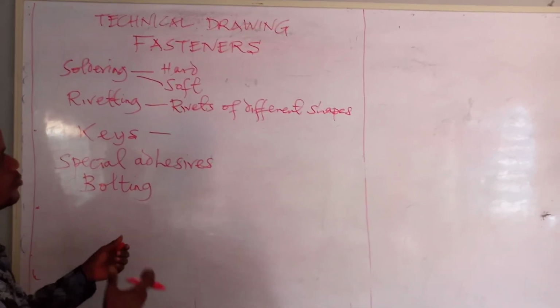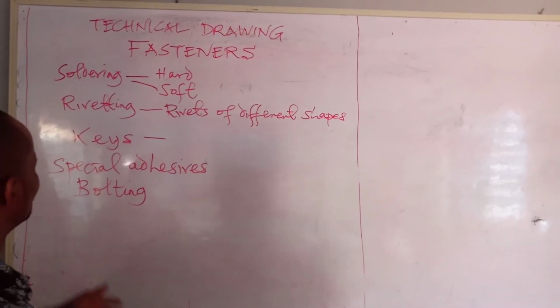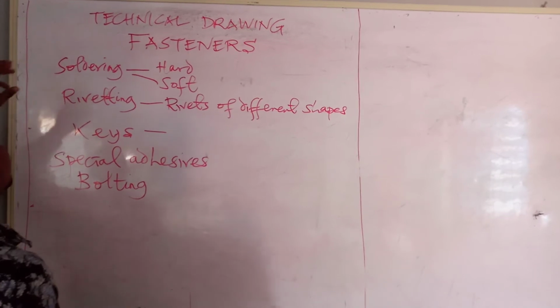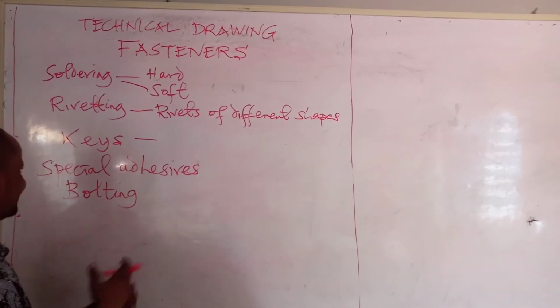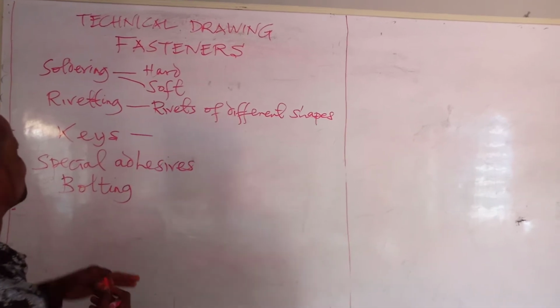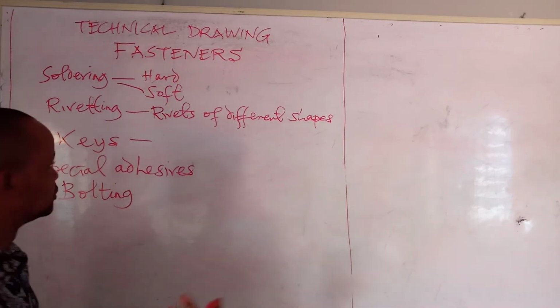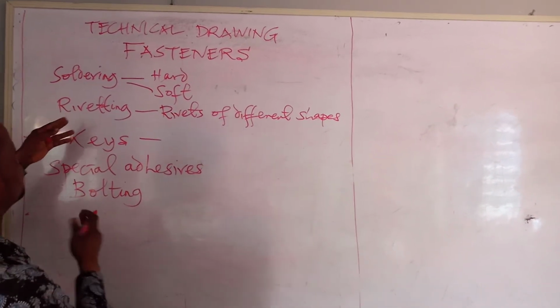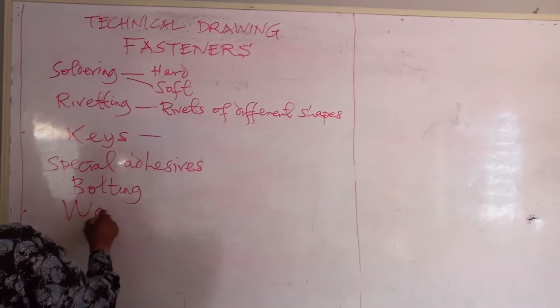To elucidate more, I will dwell more on riveting, keys and the likes, because I know that we have touched soldering in the junior classes. This time around, instead of soldering, I will be dwelling on welding.